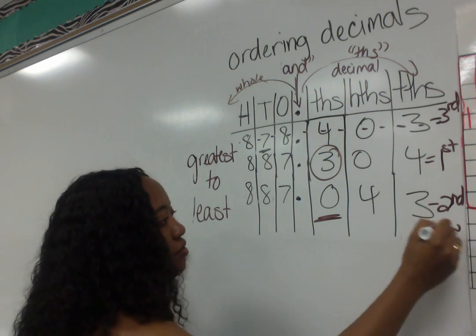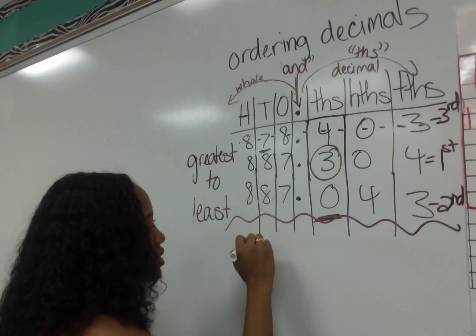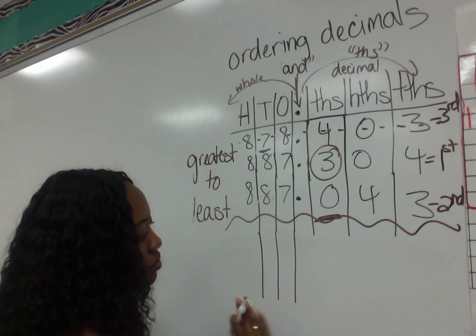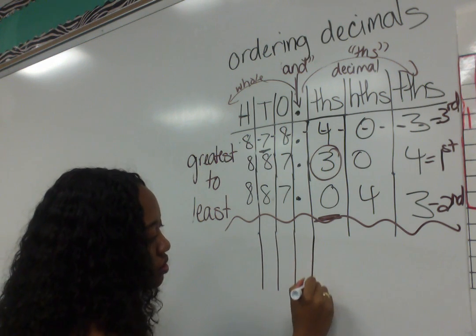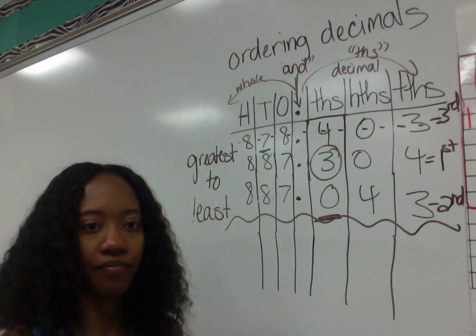To check yourself, I'm just going to draw a squiggly. You can extend your place value chart. I don't need to extend it that much. And rewrite them.